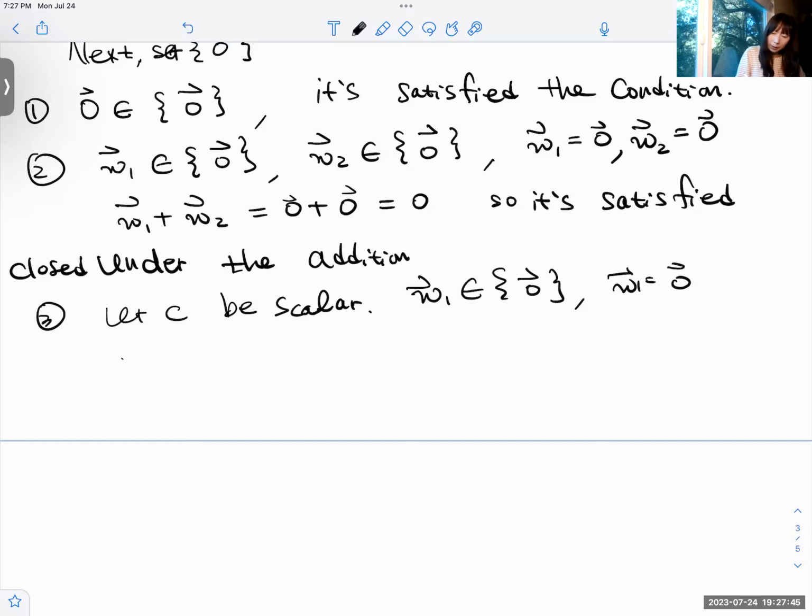Okay, so we have a scalar C. I'm sorry, W1 equal to C times W sub 1, which is the 0 vector, which is 0, right? So it's still satisfied.